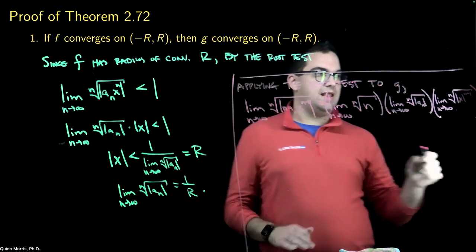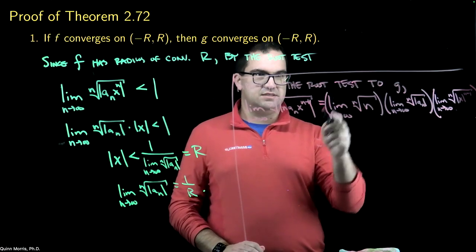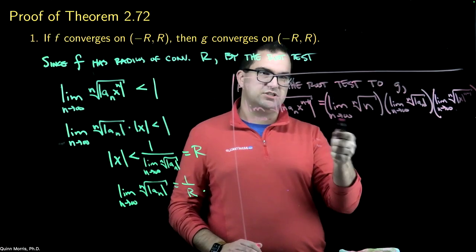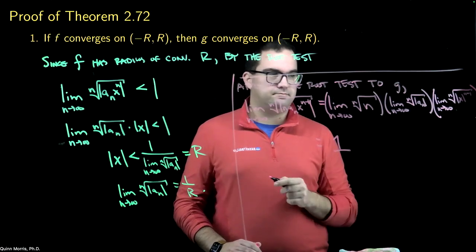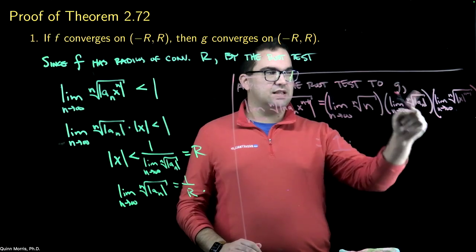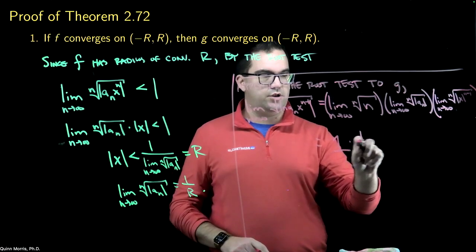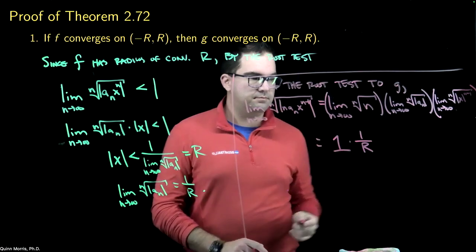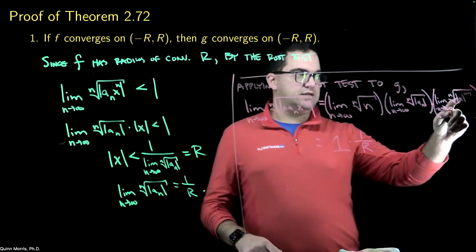All right, so now if I look at each of these pieces, this first piece is a little bit of a tricky limit, but it's just a limit of a sequence of real numbers. This limit is 1. This limit, because this is the same a sub n as over here, is 1 over r. And if I look at this, what is this going to become?